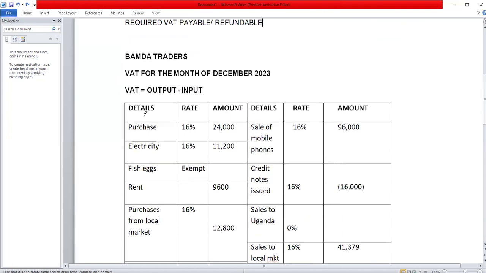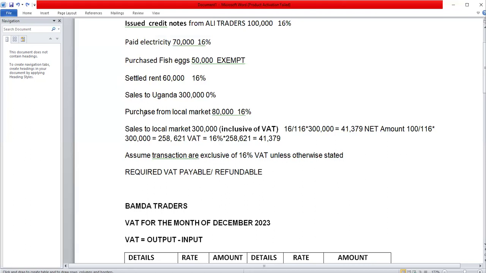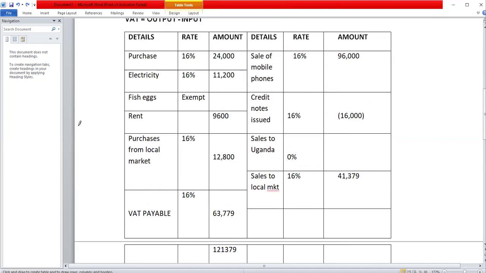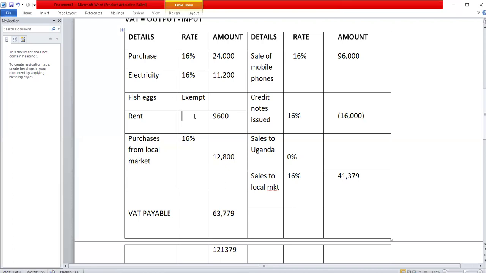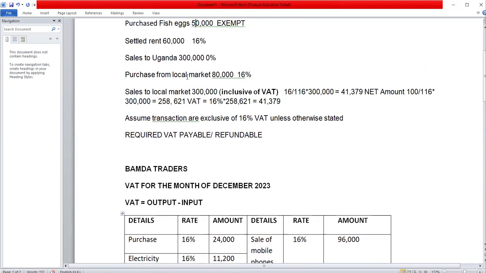Electricity, the amount was 70,000. So 16% of that is 11,200. Rent is exempt, so we don't have VAT on it. It's not vatable. Then the VAT is still 16%, and the rent amount was 60,000.